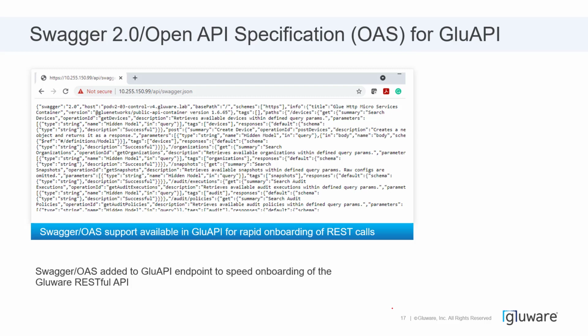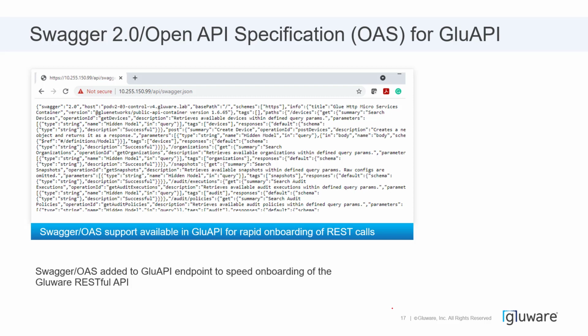Another addition we've made for enhancing usability and speed to automate is that the GluAPI now supports the Swagger 2.0 or Open API specification. In this screenshot, which is a little hard to read, we're pointing a browser at the Swagger endpoint, and you can see the data model being exposed.